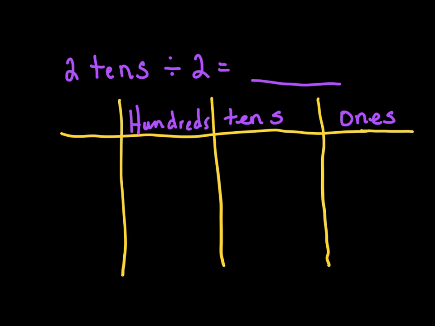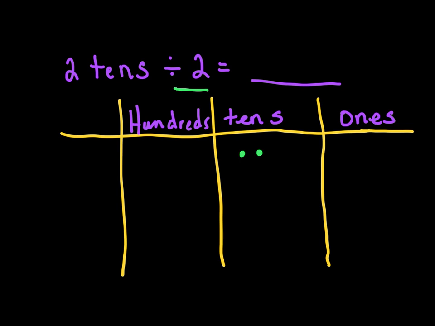2 tens divided by 2. So if we have 2 tens, that would be 20, right? And if we're dividing by 2, we know that when we divide, we go to the right. Where we multiply, we go to the left.